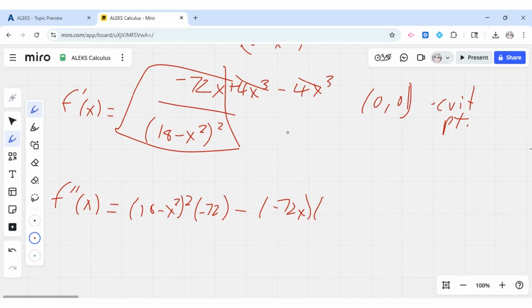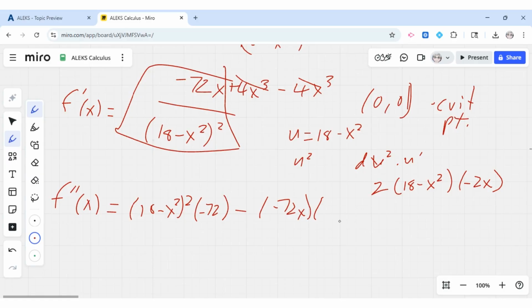And we're going to use the chain rule for that. So we'd say u equals 18 minus x squared, and then we'd have u squared. So we want derivative of u squared, which has to be times the derivative of u. So we're going to do 2 times u, which is 18 minus x squared, and then times the derivative of what's inside here, which is negative 2x.